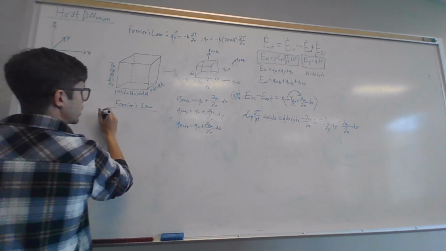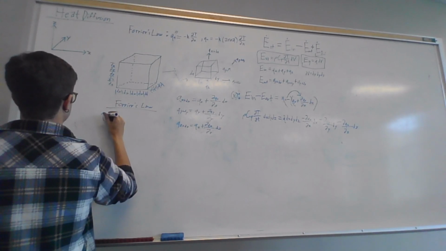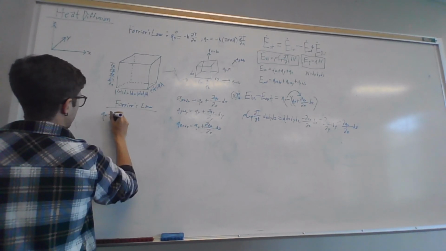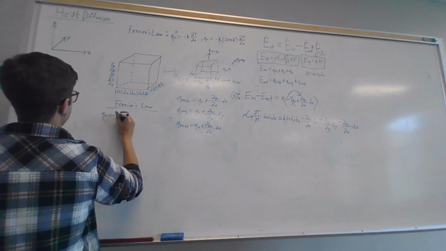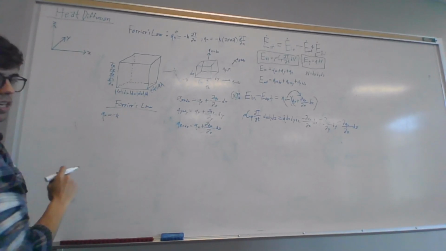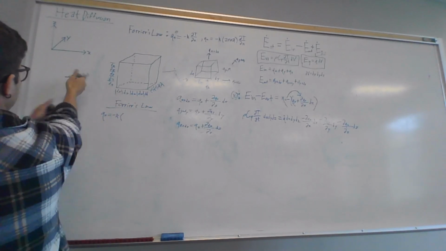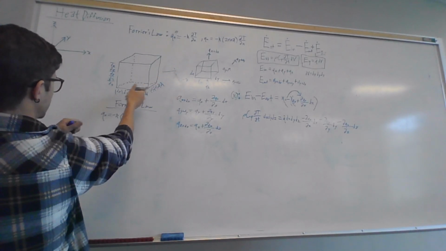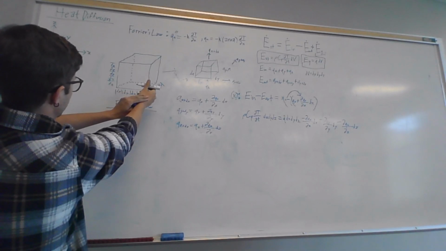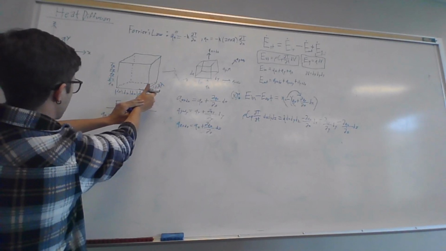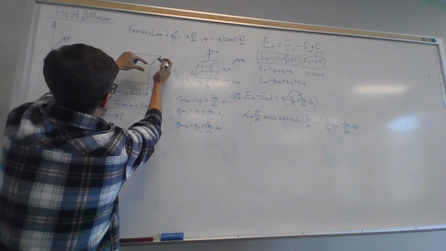And say the heat flow in the x direction, Qx, is equal to negative k times what area is x going through? Well, I said x was from left to right. So if x is going from left to right in my cube, then I need to go through an area that is normal to that. So this side area.